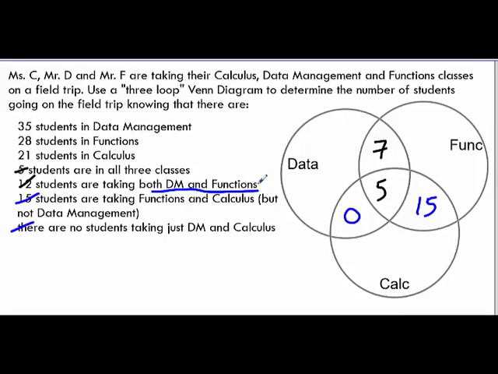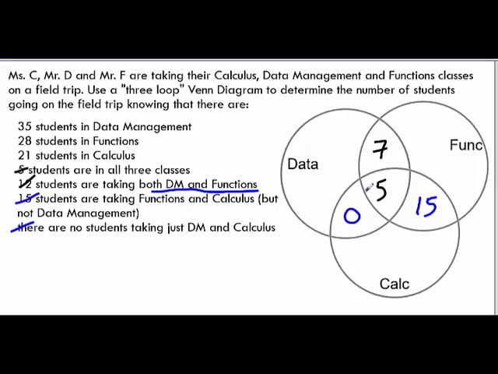If you are in both data management and functions, you would say yes to that statement. Yes, I am taking both data management and functions. It turns out you might also be in the calculus class, or you might also be in a physics class, or you might also be in some other classes, or you might be in all those classes. But you wouldn't think to bring that into play in the questioning, are you in both data management and functions?